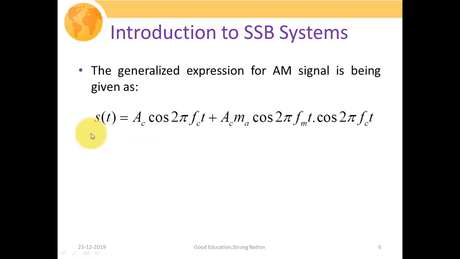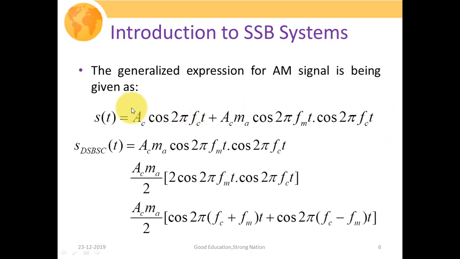We had already seen its derivation. In this modulated AM signal, the part Ac cos(2πfct) represents our carrier signal, and Ac ma cos(2πfmt) multiplied with cos(2πfct) is the term that shows the sidebands.